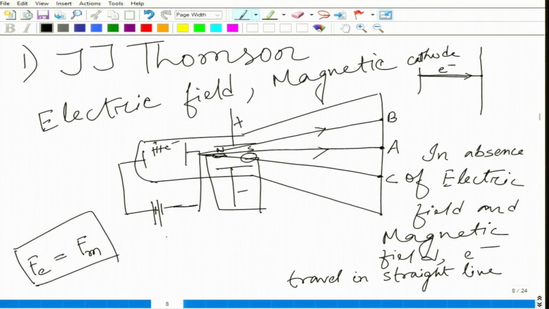From this setup, we will come to know about the charge to mass ratio of the electron. We will see its derivation now.